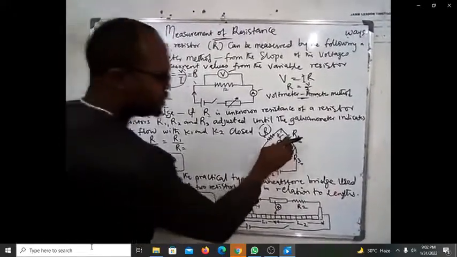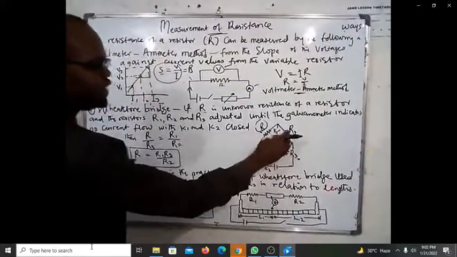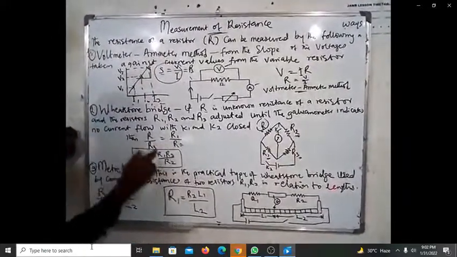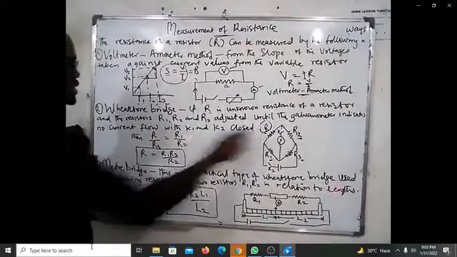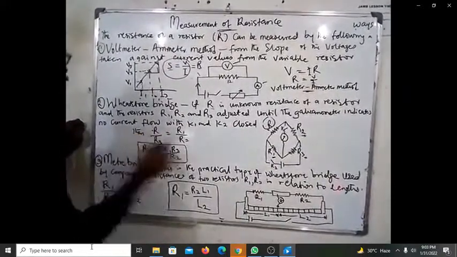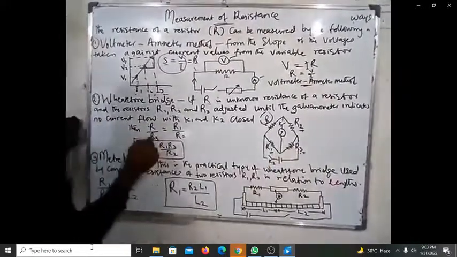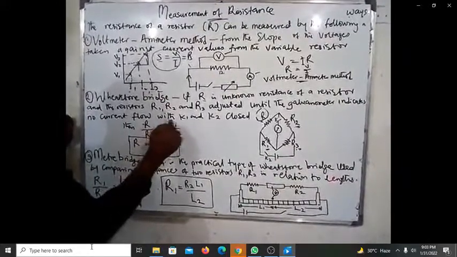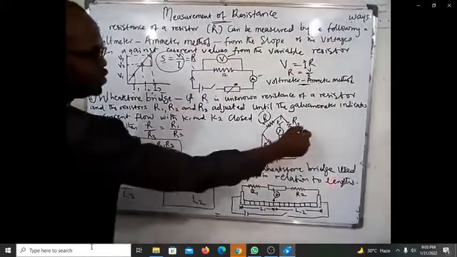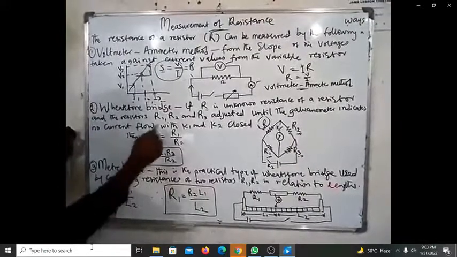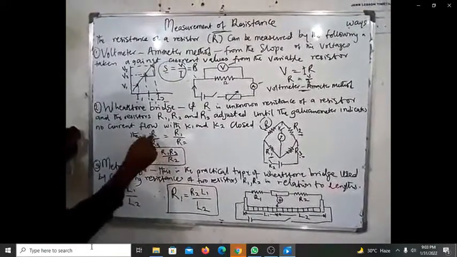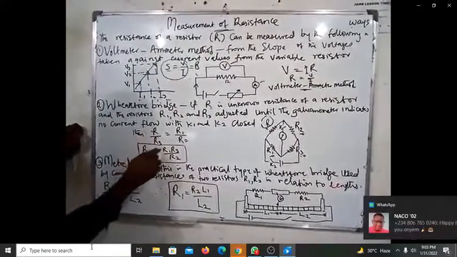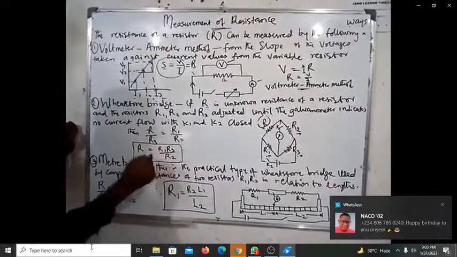This is the galvanometer measuring the current. Once there is no deflection, you balance this equation: the unknown resistance R all over the opposite resistance R3 is equal to R1 all over the opposite resistance R2. So when you make R the subject of the formula, it will give you R1 R3 all over R2.